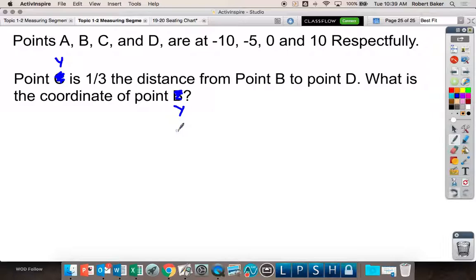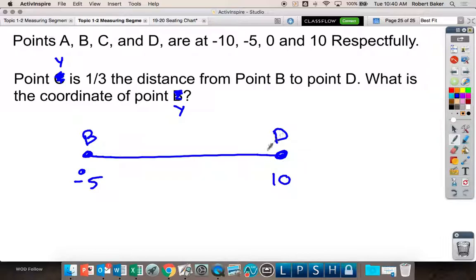Where is point B? B is at negative 5. A point along the line. Where is point D? At 10. Y is 1/3 of the distance.